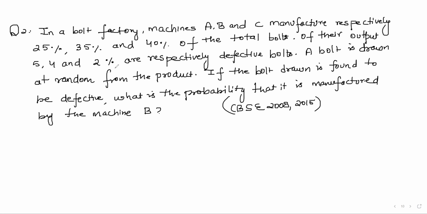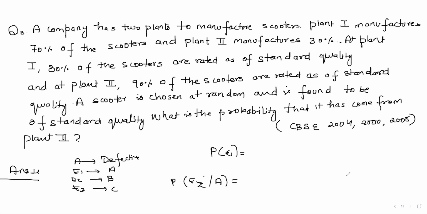So P(E1) will be 25%, that means 25 by 100. Is it clear, Atif, now? Yes, sir. Now it's clear. Now please complete this and share your answer. This is the last question, then your class will be over.